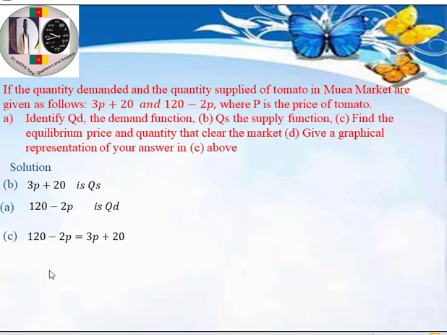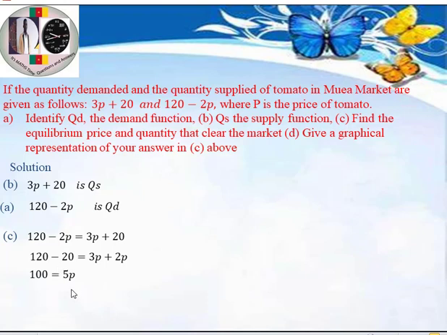So we rearrange the equation by bringing like terms together to give us 120 minus 20 equals 3p plus 2p. Minus 2p goes to the other side, becomes positive. 20 comes to the left-hand side, it becomes negative. So 120 minus 20 equals 3p plus 2p, and 120 minus 20 is 100, and 3p plus 2p is 5p.